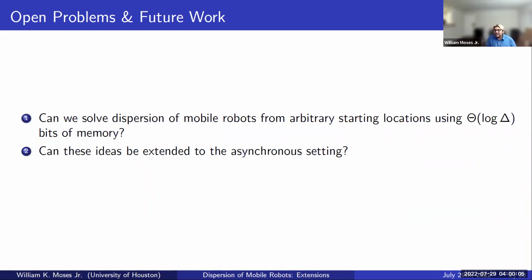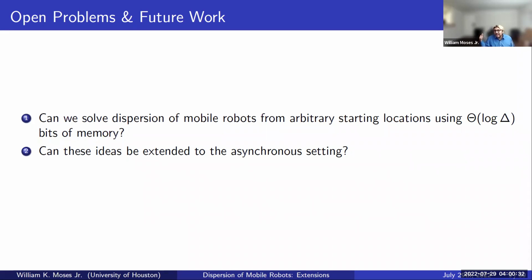Another thing is, can these ideas be extended to the asynchronous setting? I should preface this by saying, in the first part of the tutorial, where Anisar talked about a lot of the algorithms that work in the synchronous setting, you'll notice that a lot of those algorithms require the robots to maintain a time counter.